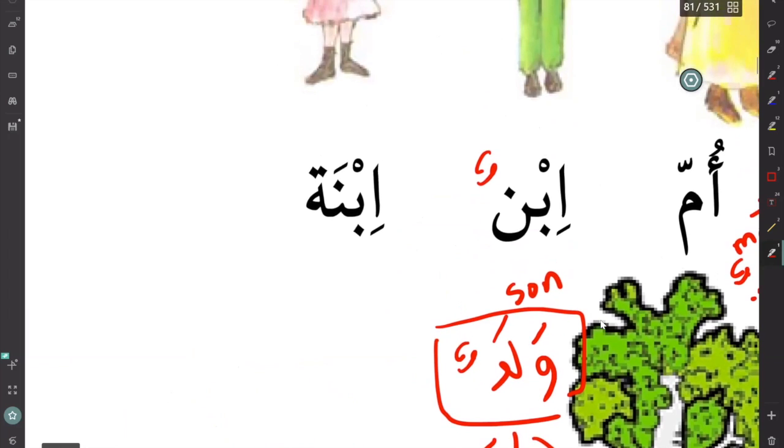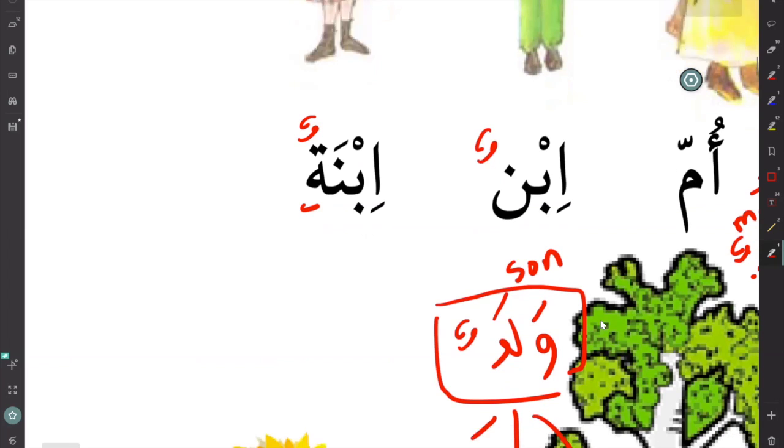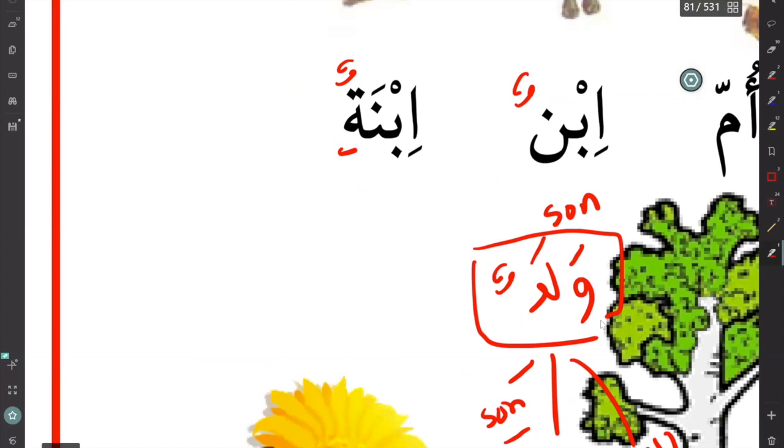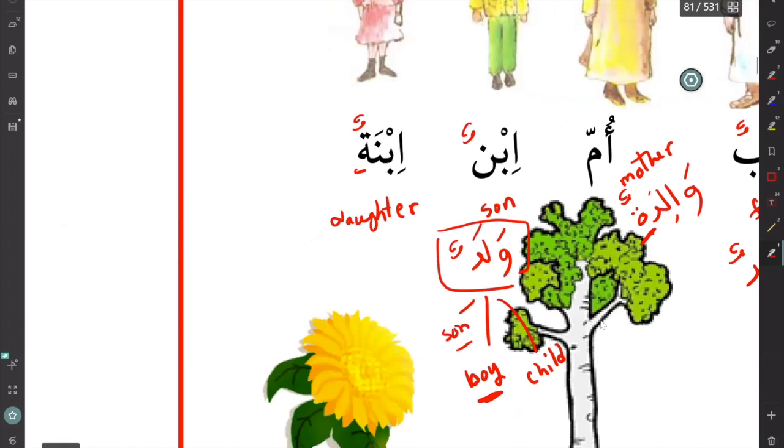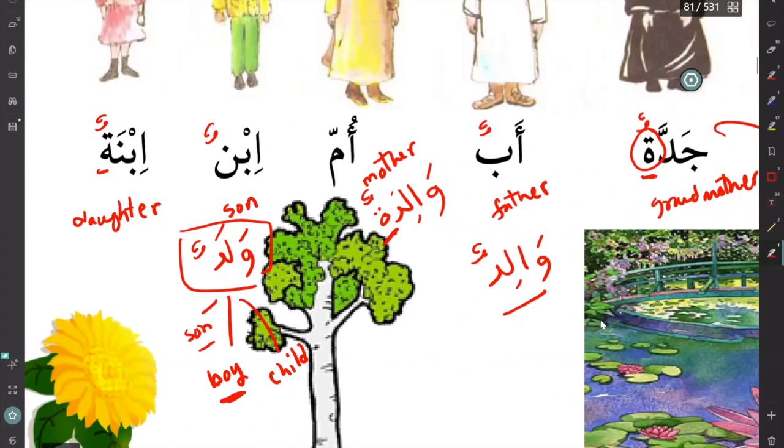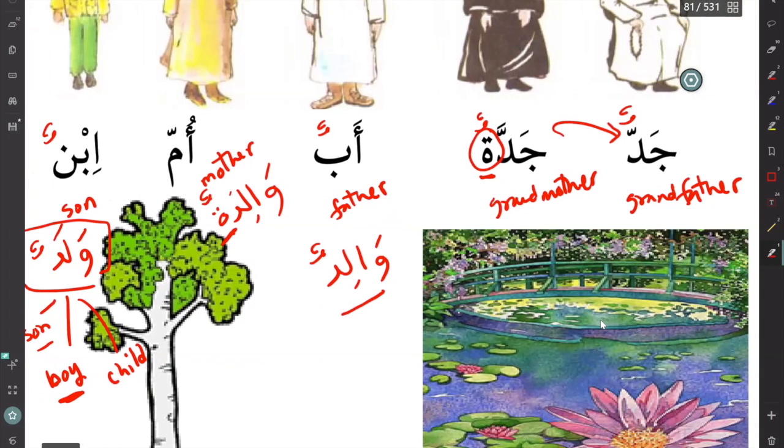And then we have ibnatun, same concept, right? We have ibnun and you add ta marbuta. So if ibnun is son and you make it feminine, you have daughter. You see this pattern. It doesn't work all the time, but when we have ta marbuta, it is a feminine word about 99% of the time.